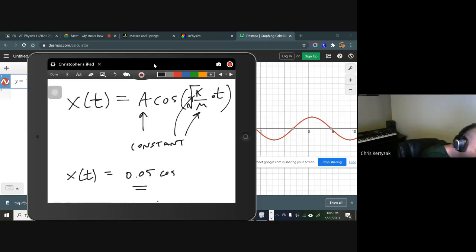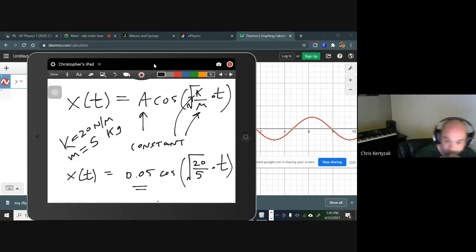Maybe in the problem they tell you that k is 20 newtons per meter, and the mass is, let's make it nice, 4. Okay, so we would do square root of 20 over 4. That's not nice. Make it 5. That's nice. So let's say the mass is 5. Well, 20 over 5 is 4. Square root of 4 is 2.